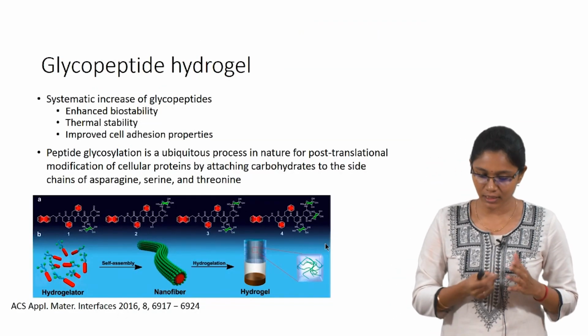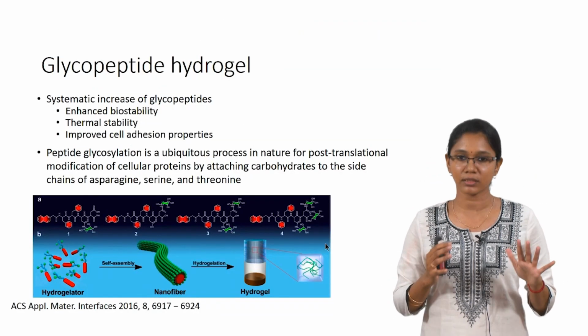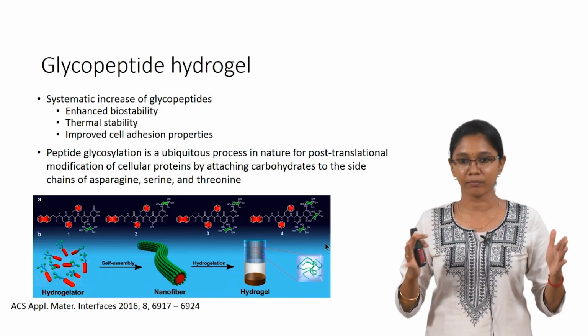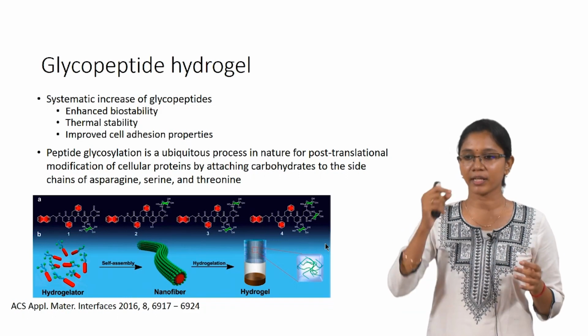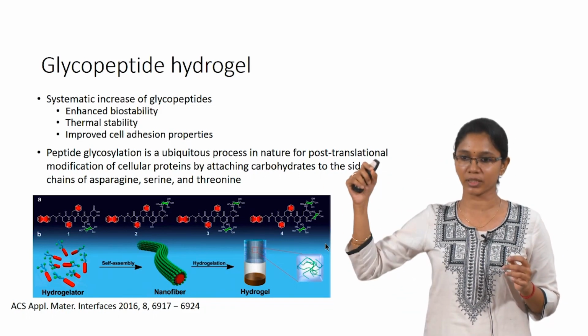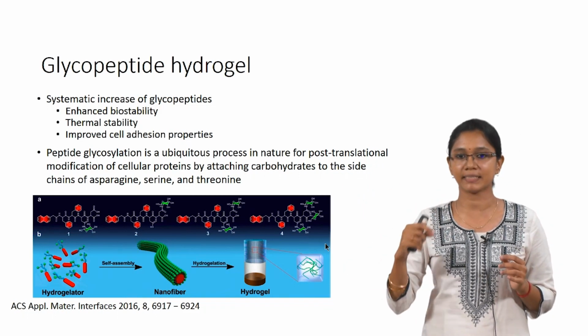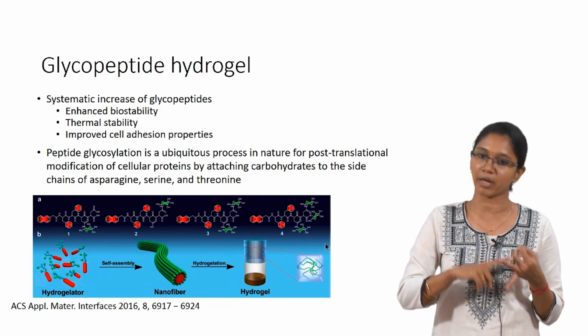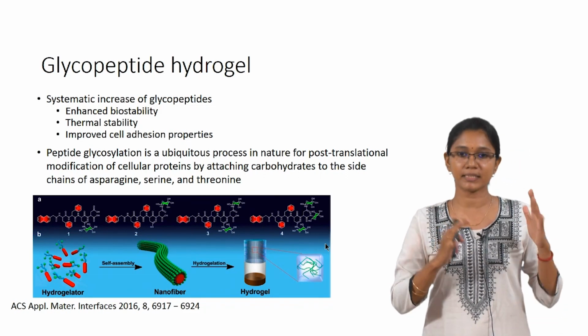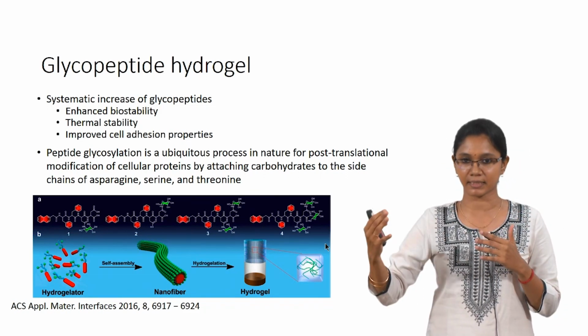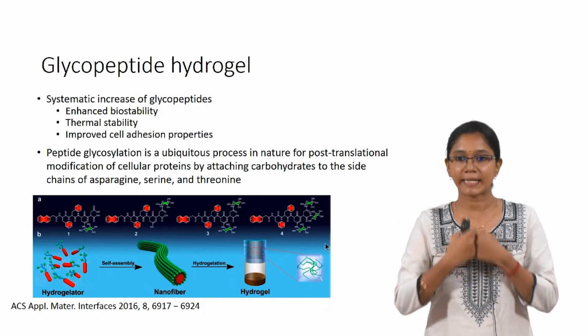And then this is a study where they have five different molecules. They have a peptide molecule, and in this peptide they wanted to have glucose in the backbone. They wanted to see if adding glucose has an effect on thermal stability and biostability. The major disadvantage of all-peptide systems is that they are highly degradable.